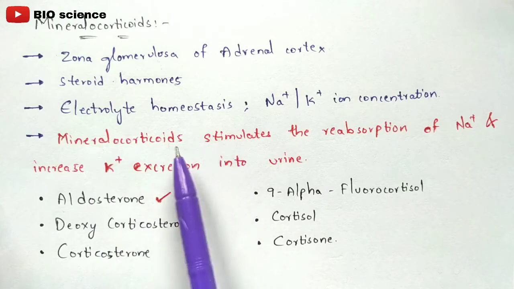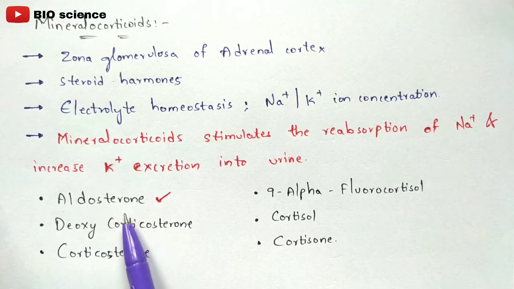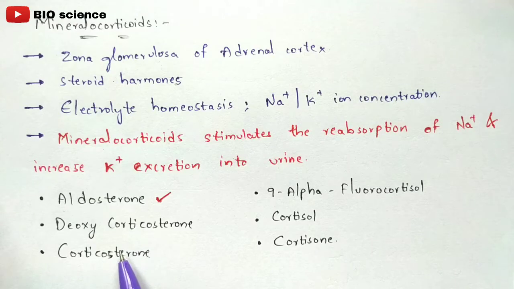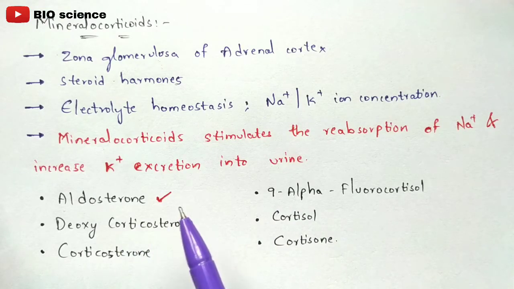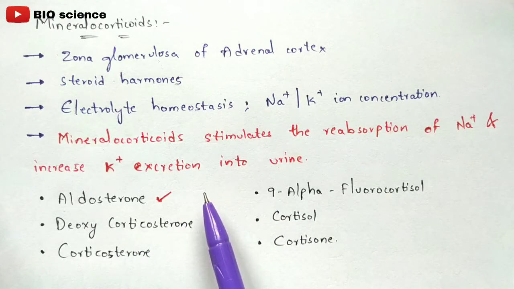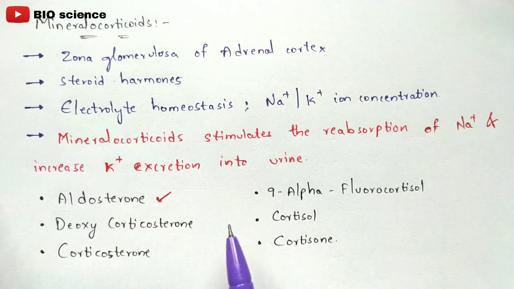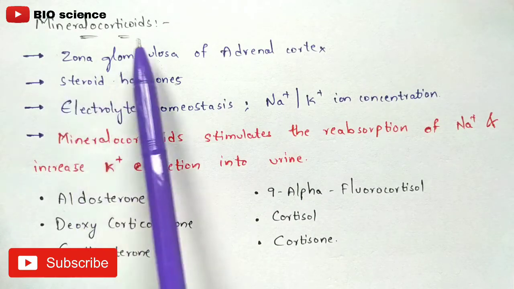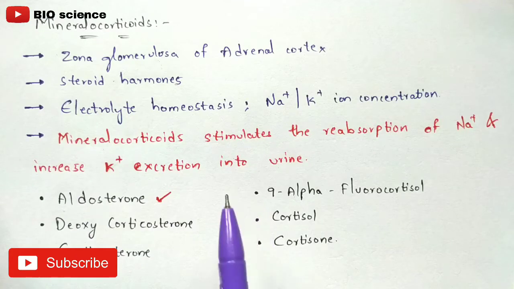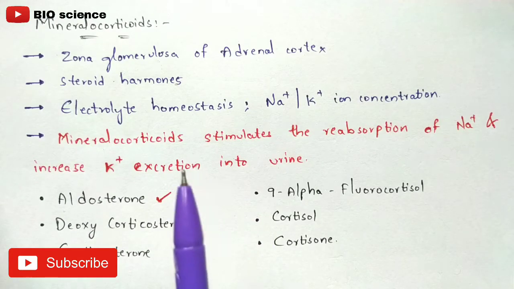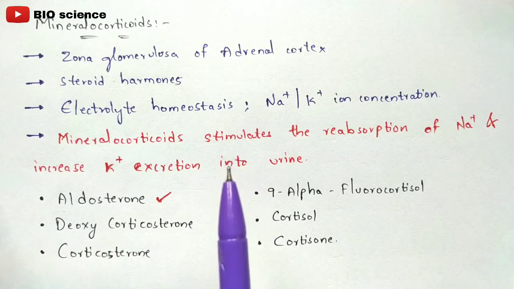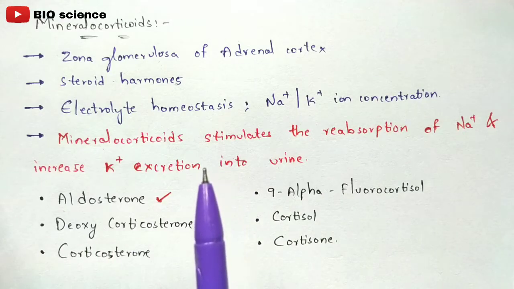And what are the groups present in these mineralocorticoids? Aldosterone, deoxycorticosterone, corticosterone, 9-alpha fluorocortisol, cortisol, cortisone. So these are the group of hormones secreted by this first layer, or first zone, called zona glomerulosa from the adrenal cortex, right? These are just the groups classified under mineralocorticoids. So the zona glomerulosa layer will secrete these hormones called mineralocorticoids.